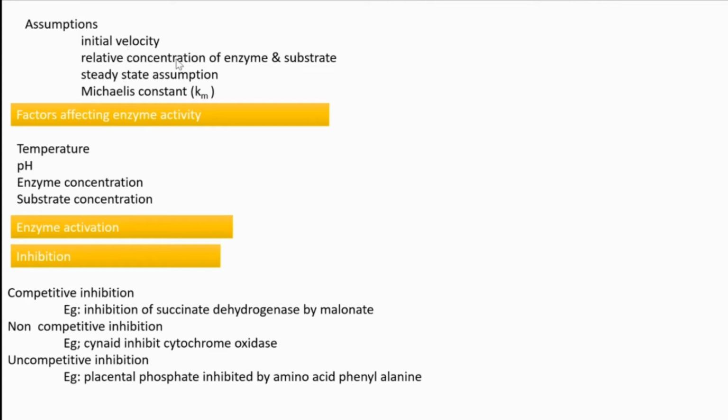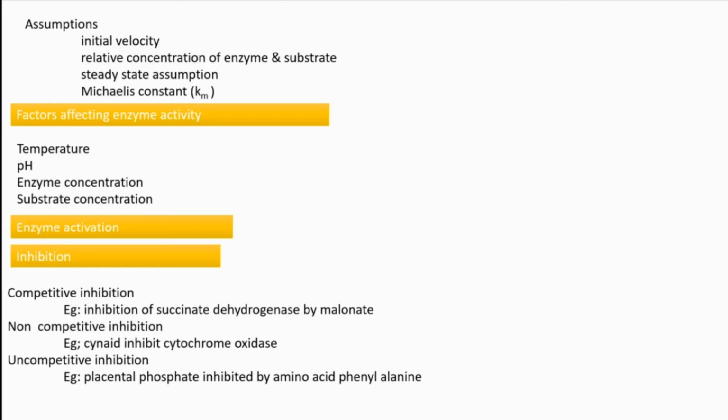Then relative concentration of enzyme and substrate. Relative means the concentration of substrate and the concentration of the enzyme. And here the concentration of substrate should be higher than the concentration of the enzyme. So the percentage of enzyme substrate complex will be less at a given time, because only a few enzymes are available to bind with the substrate. That's why the enzyme substrate complex is very less at a given time.